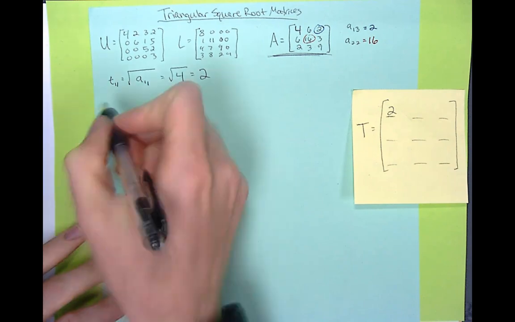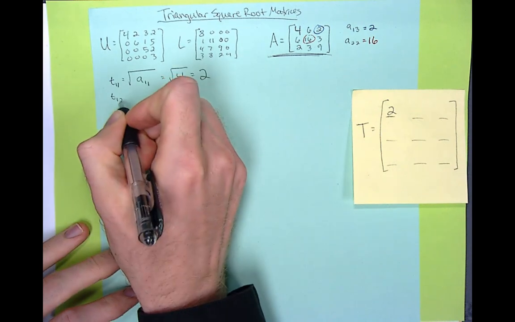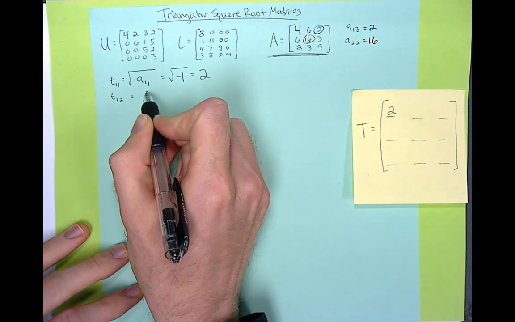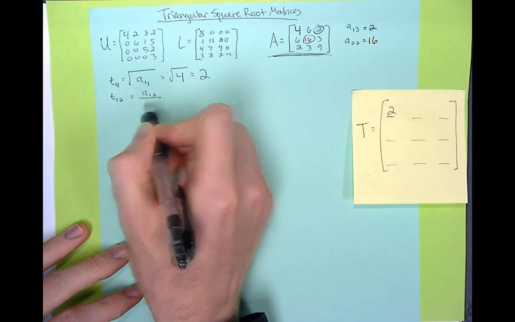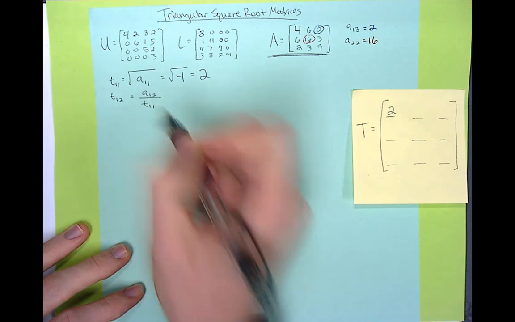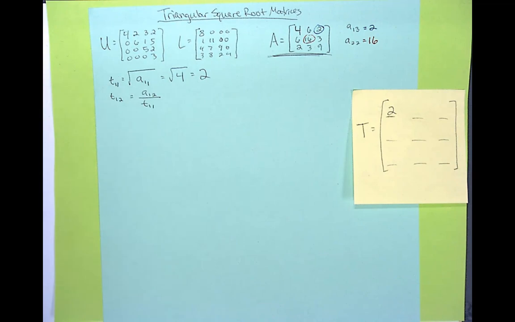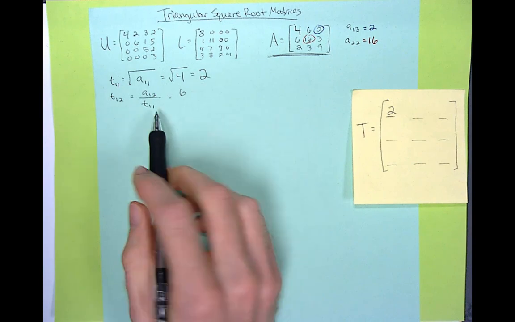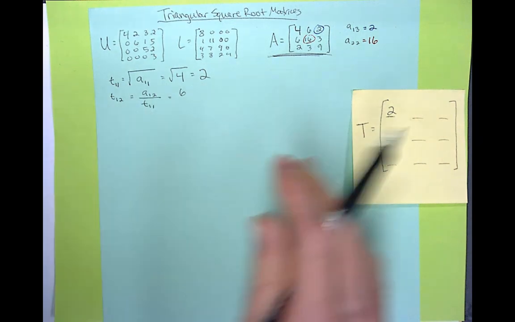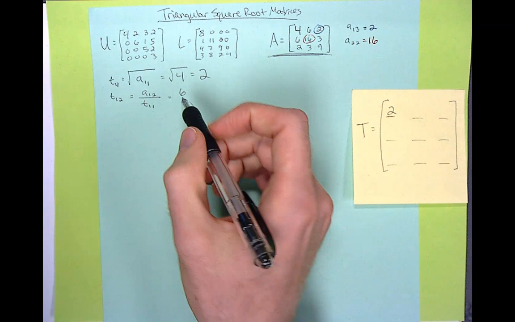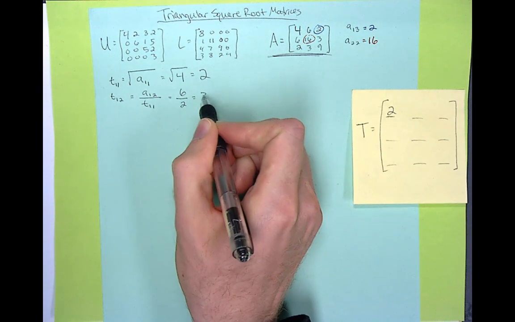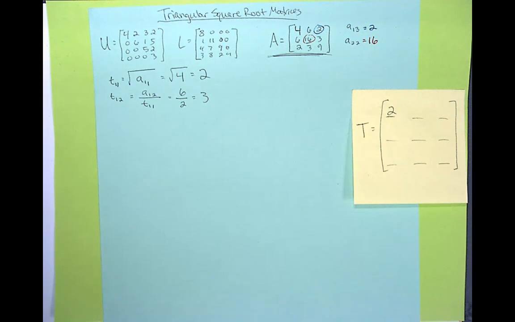T12 is going to equal A12 divided by T11. You should remember that formula. So A12 is 6 divided by the element in the first row and first column of T, which we just found to be 2. So 6 divided by 2 is 3. So we can now put 3 here.